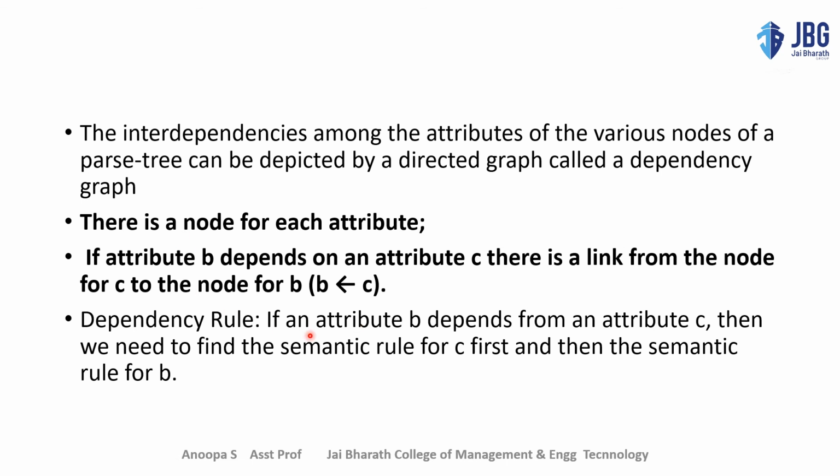The dependency rule is: if an attribute B depends on an attribute C, then we need to find the semantic rule for C first, then the semantic rule for B. This is how we represent it in a dependency graph.